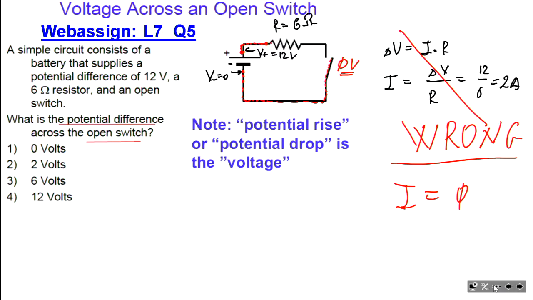Now, what is happening inside this resistor? Does it change potential or not? That's the most important question. If there is no electric current, there is no potential change. Potential change through the resistor equals current times resistance.